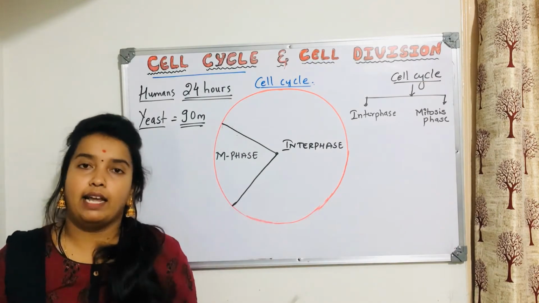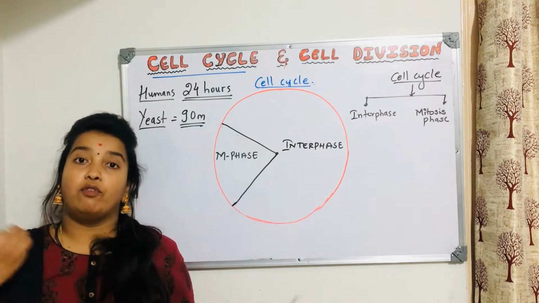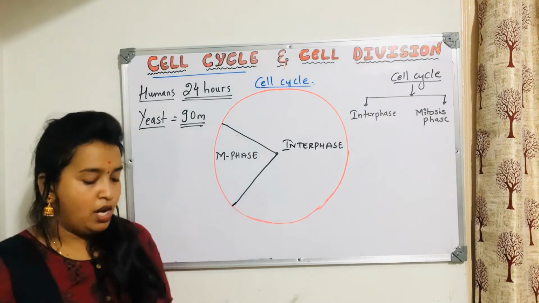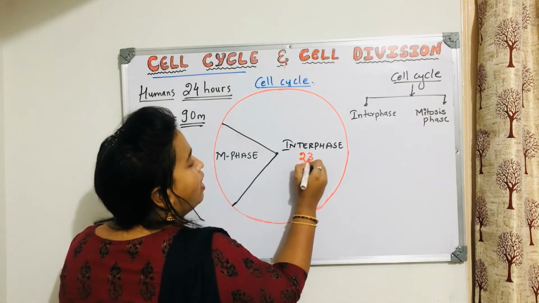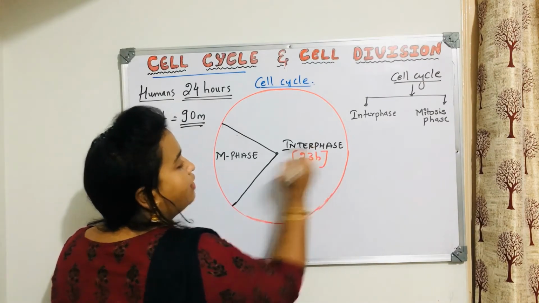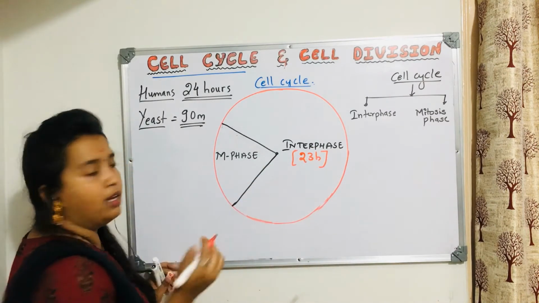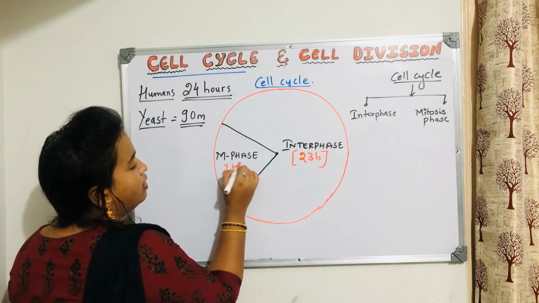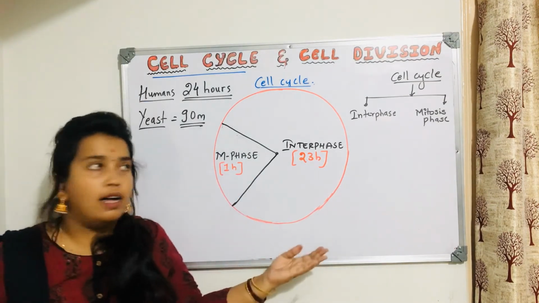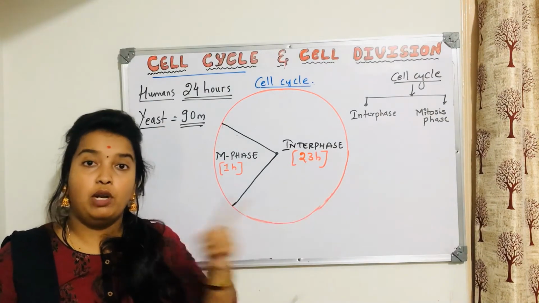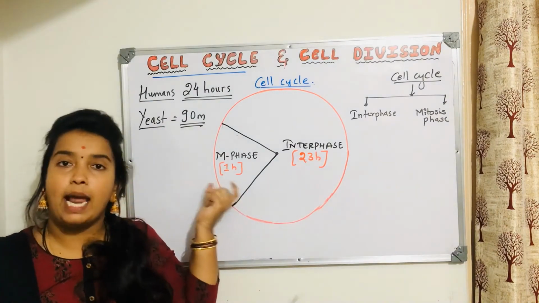Now a human cell will take 24 hours. In that, 23 hours is interphase, and how much is remaining? Only 1 hour is M phase. So 23 hours interphase and only 1 hour for M phase.